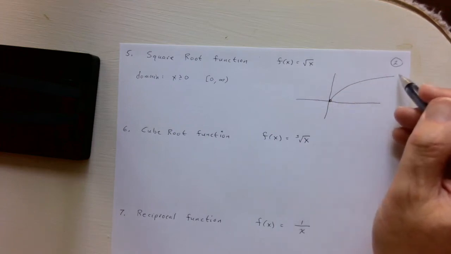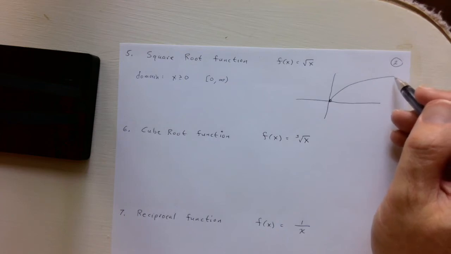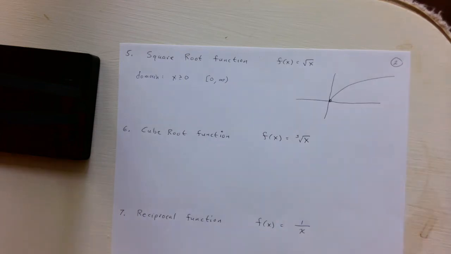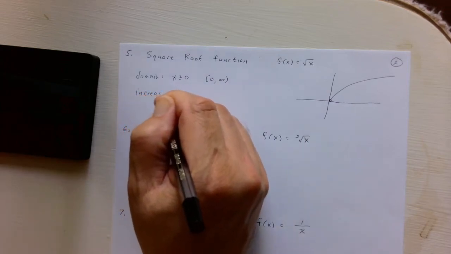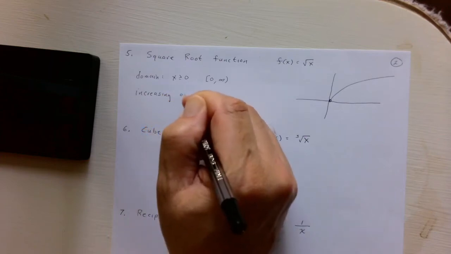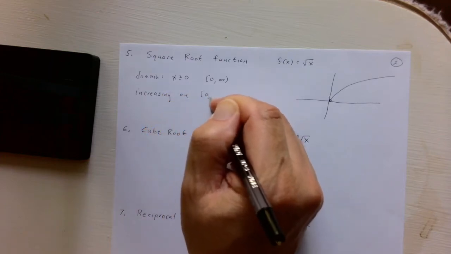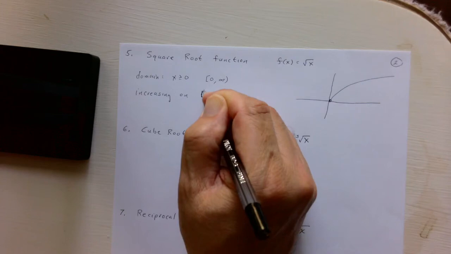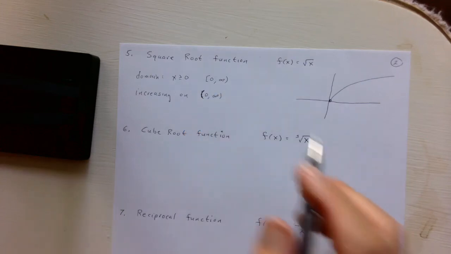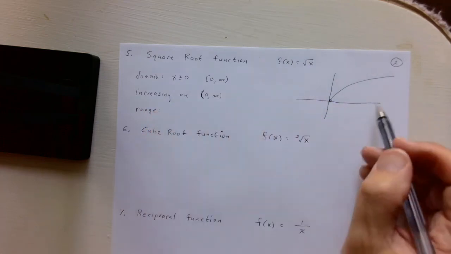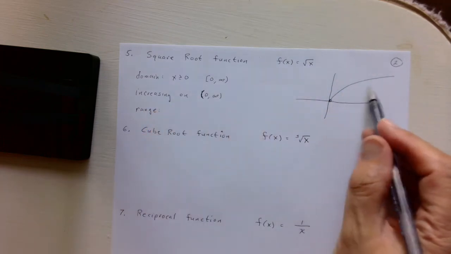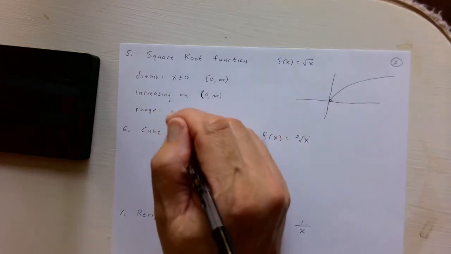It doesn't increase too fast, not as fast as the other two graphs that we've seen. But it's increasing on 0 to infinity. And I should say that the range, the y values, are also going to be the non-negative numbers.